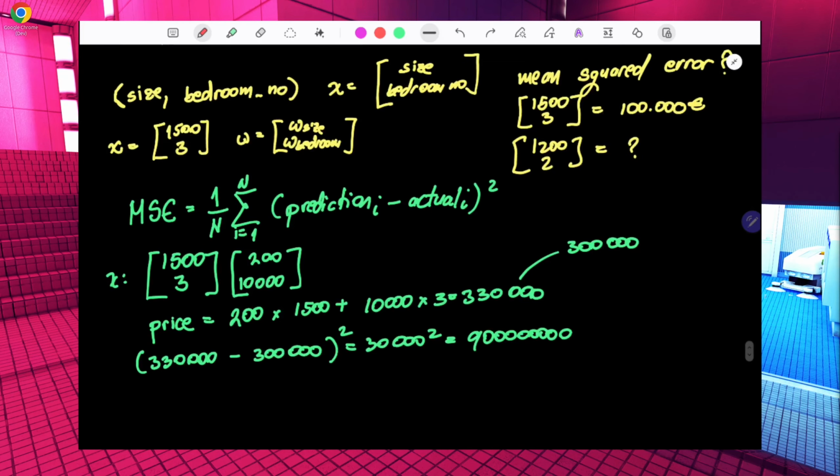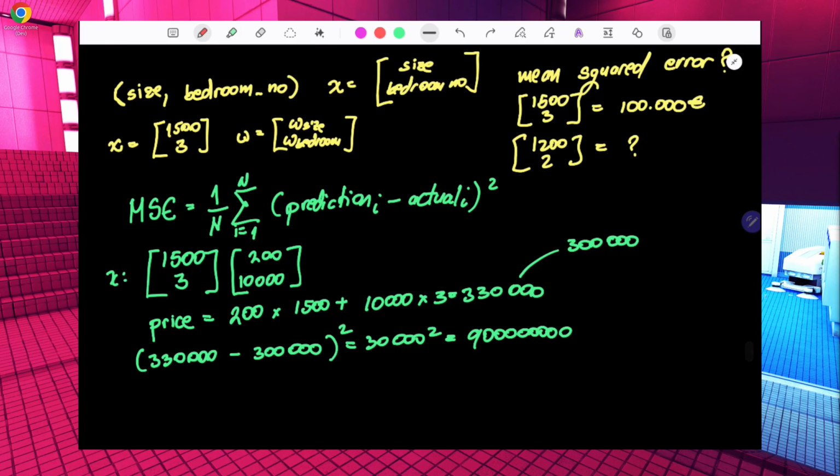And this is the MSE, or the mean square error. So we need to find a vector of weights. In this case, we have only two of them.